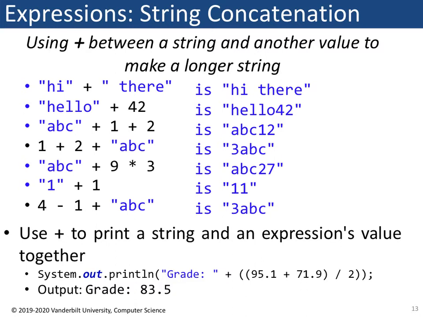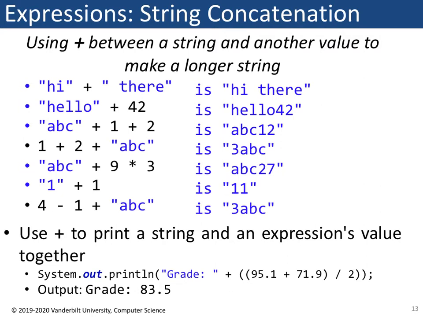So we have a string and an integer, so the resultant will be a string. The result is "ABC27" as a string. We have the string "1", and we are adding it with the integer 1. The result will be a string. So we have "11" as the result of that expression.